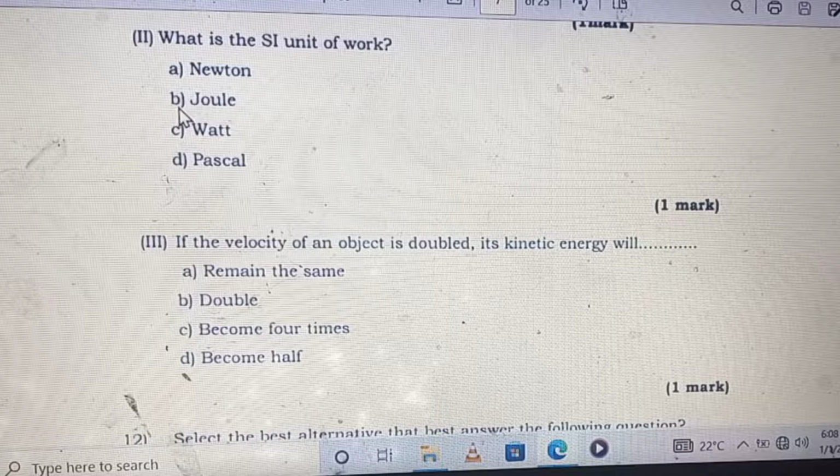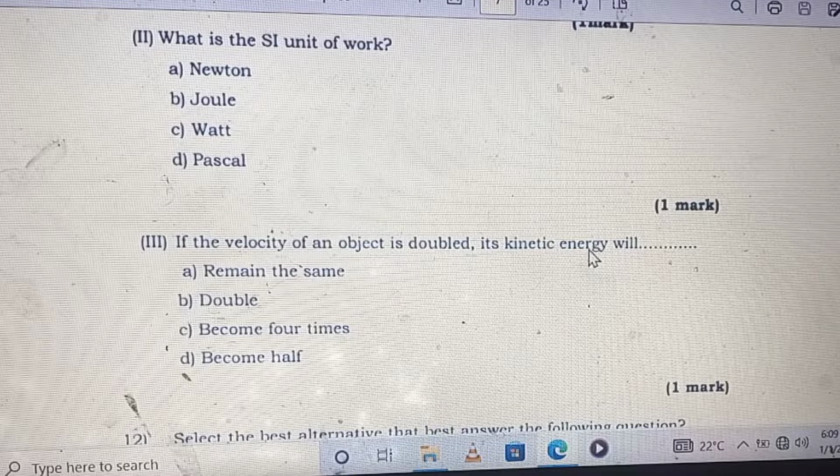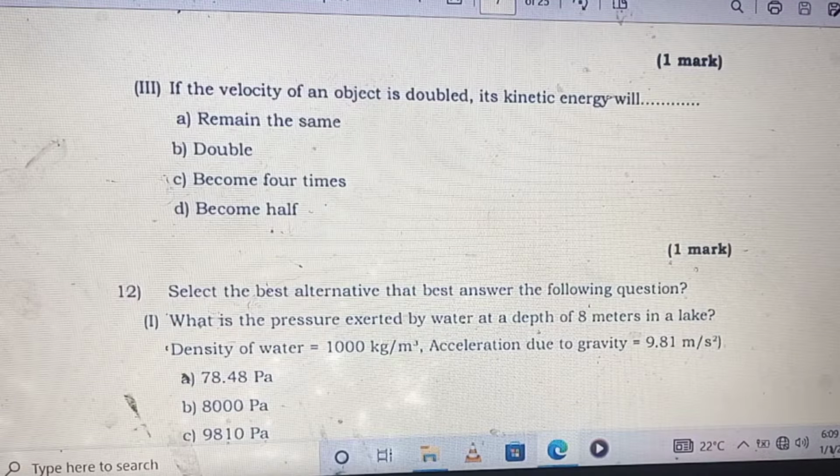The correct option is B, Joule. I3. If the velocity of an object is doubled, its kinetic energy will. The correct option is C. Become 4 times.